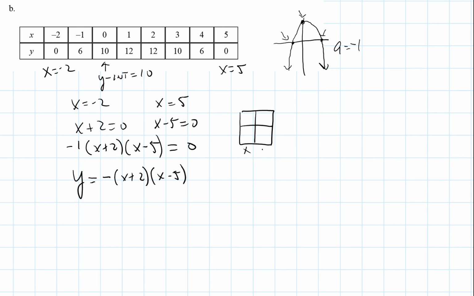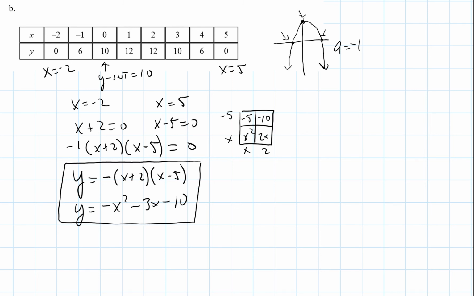So x plus 2 and x minus 5, that's x squared minus 5x plus 2x, and then -10. So we could also write it as y equals negative x squared plus 3x plus 10. So factored form and standard form.